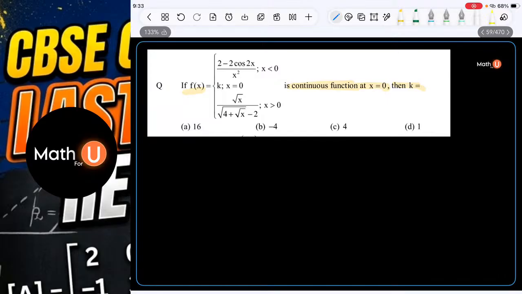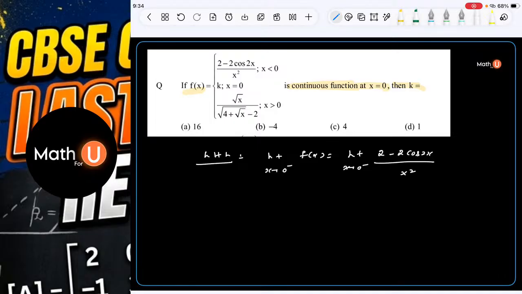First find the left hand limit or right hand limit. First find the left hand limit. Limit x tends to 0 minus f of x, that is equal to limit x tends to 0 minus, f of x is 2 minus 2 cos 2x by x square.